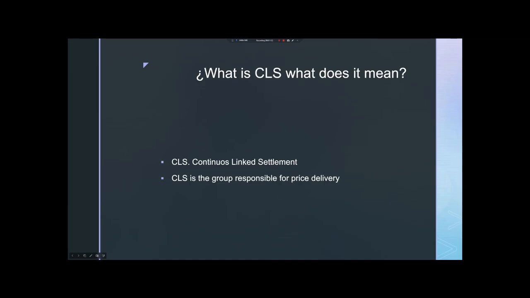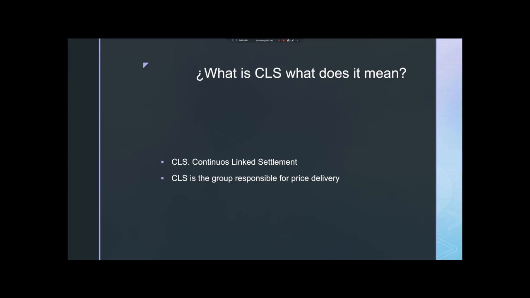So what is CLS and what does it mean? CLS means continuous linked settlement, and this is the group responsible for price delivery. The CLS basically is a company which is responsible for distributing the orders in the market. Simple as that.